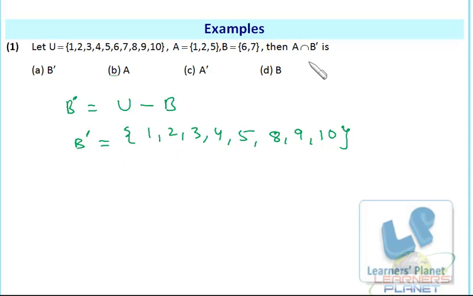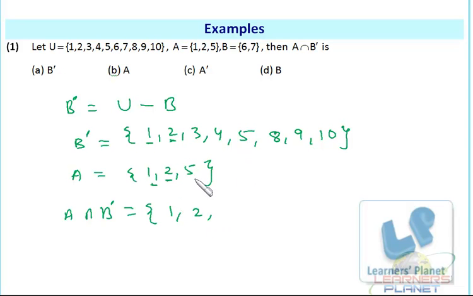Okay, now we have to find out A intersection B dash. That means elements which are common between A and B dash. So now A is 1, 2, 5. So A intersection B dash is equal to the elements which are common between A and B dash. So we can see 1 is there, I write 1, then 2 is there, I write 2, and then 5 is there, I write 5.